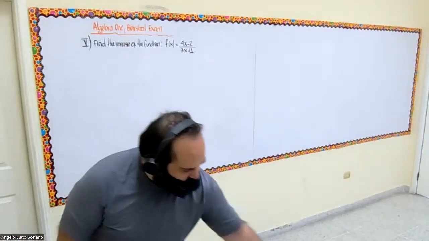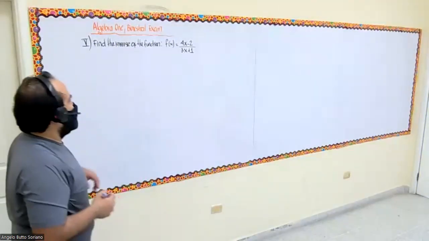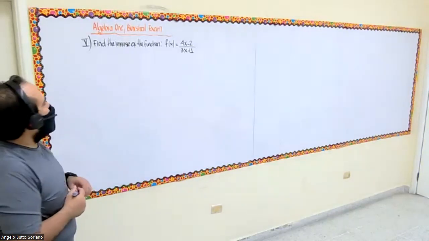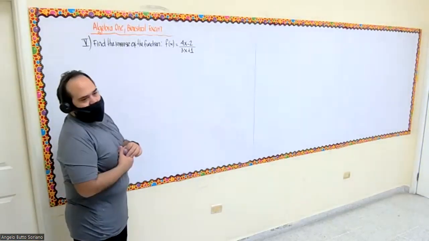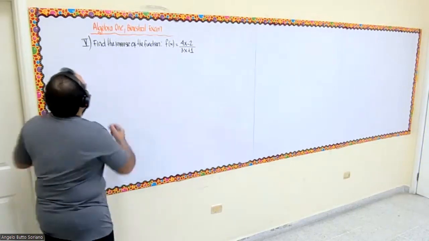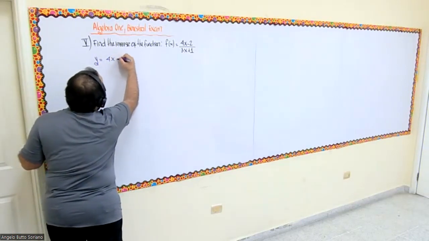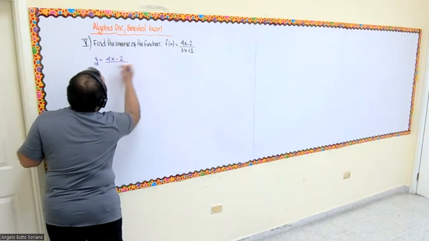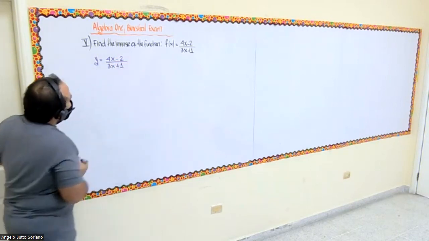Okay, guys, remember, what will be the steps to find the inverse of the function? Step number 1, we must change the notation of function by the notation of equation. In simple words, replace f(x) by y. Y equals (4x minus 2) over (3x plus 1).